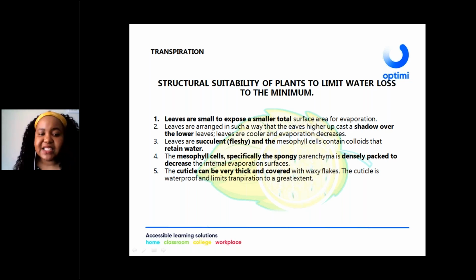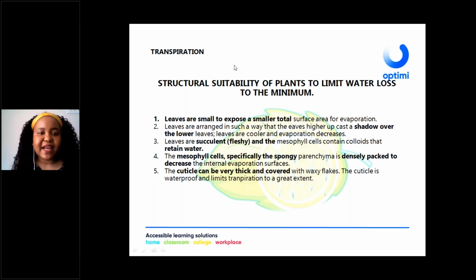Leaves are also arranged in such a way that the leaves higher up cast a shadow over the lower leaves. I don't know, you've seen trees before. I cannot demonstrate it on the webinar, but I'm going to try. You'll have a leaf up there and another leaf down there, and leaves and leaves.